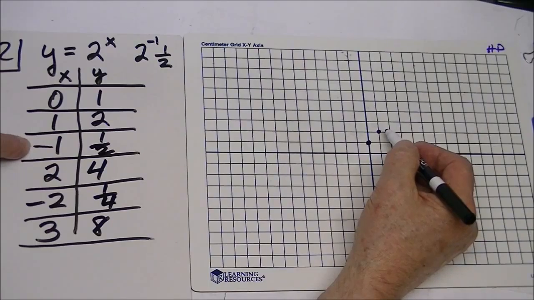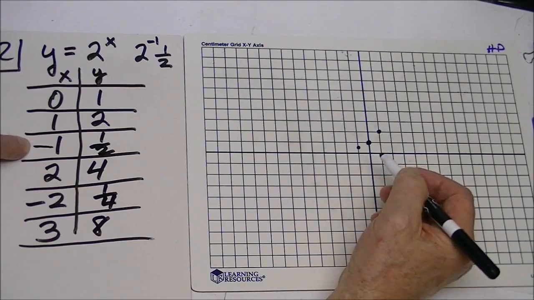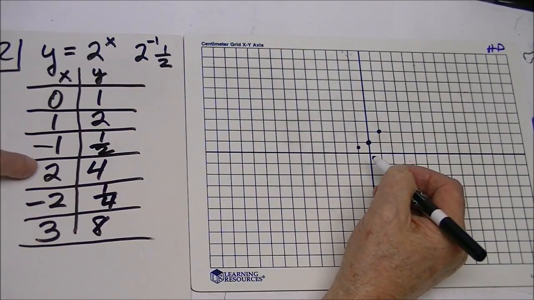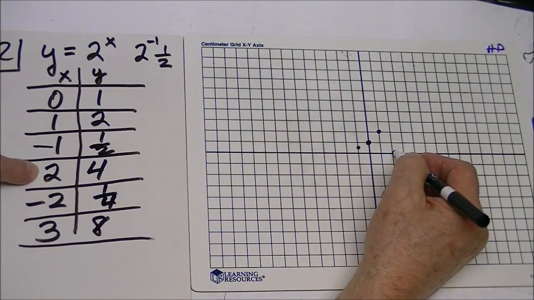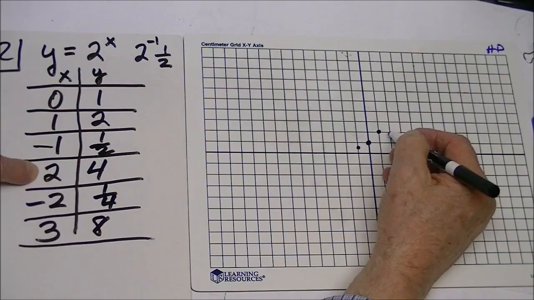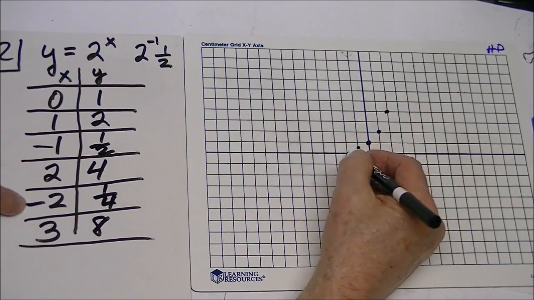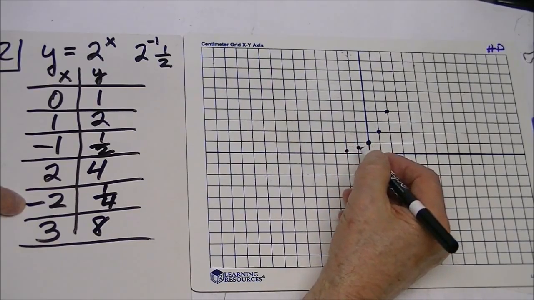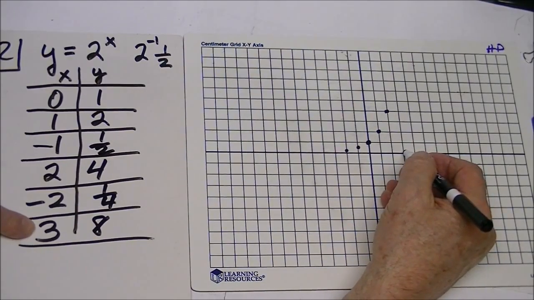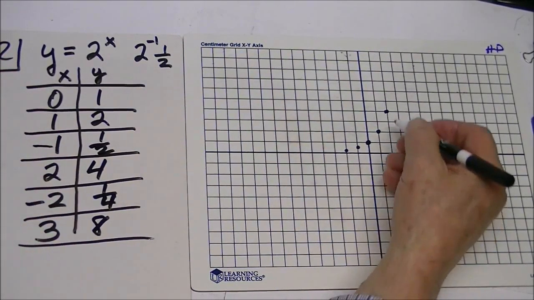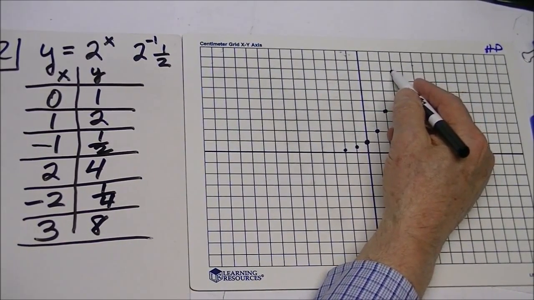If x is negative 1, y is 1/2, right about there. If x is 2, we now go up to 4. 1, 2, 3, 4. And if it's negative 2, it goes down to 1/4. Now if x is 3, this now goes up to 8. So 4, 5, 6, 7, 8.